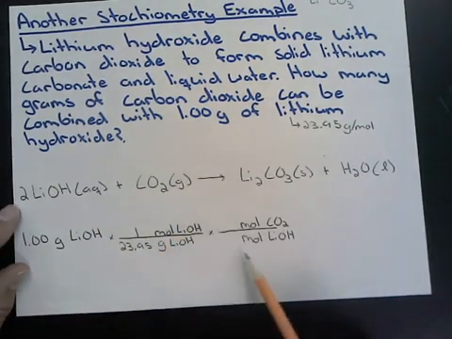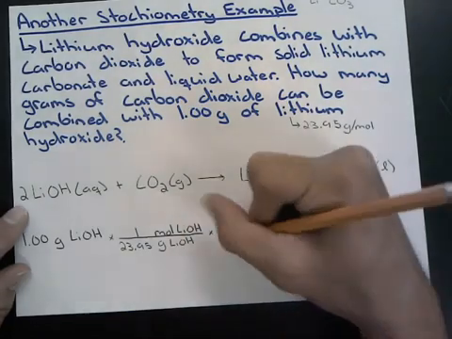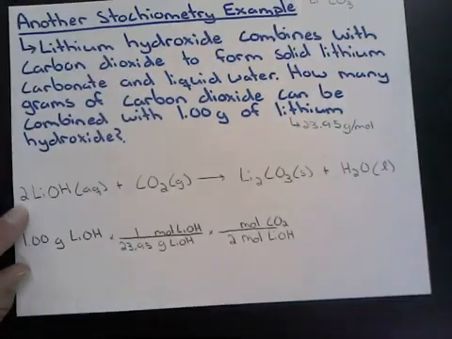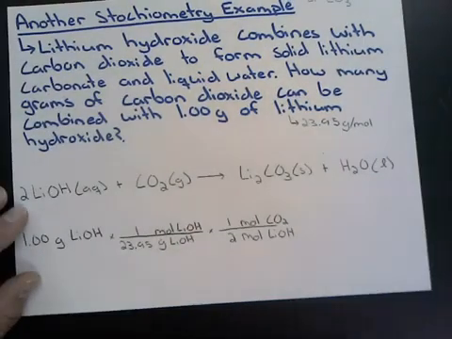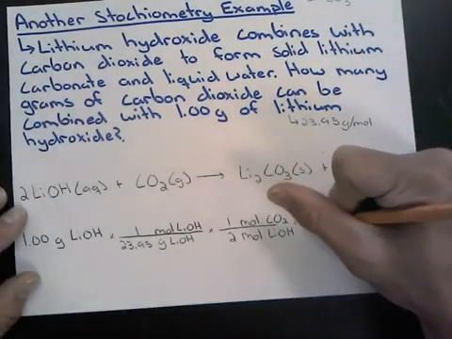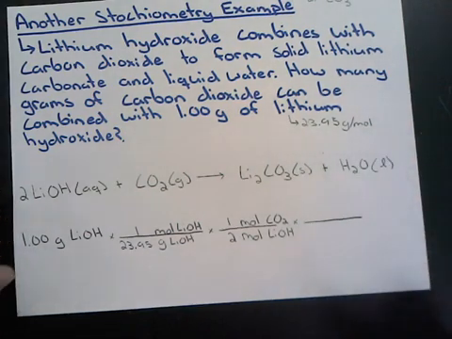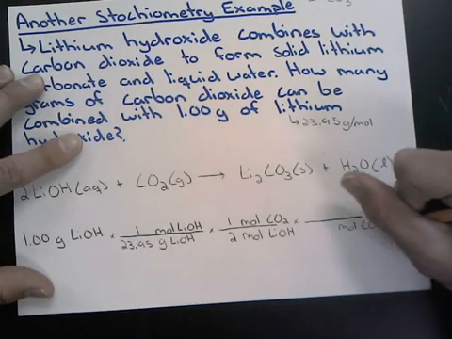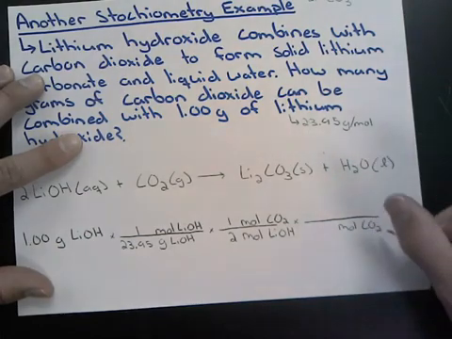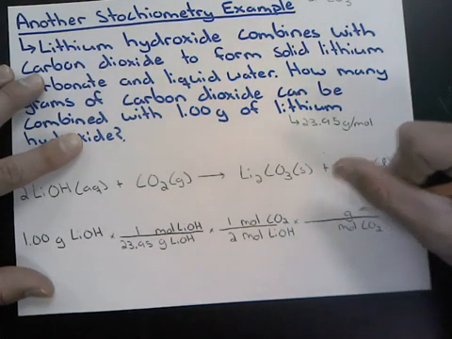This is why we balance. So in front of lithium hydroxide, there is 2 moles, and in front of carbon dioxide, there is 1 mole. Now, I have to go one step further because I want to see how many grams of carbon dioxide. So I have to cancel out moles of carbon dioxide, and because I'm already in moles of carbon dioxide, I can convert to grams.